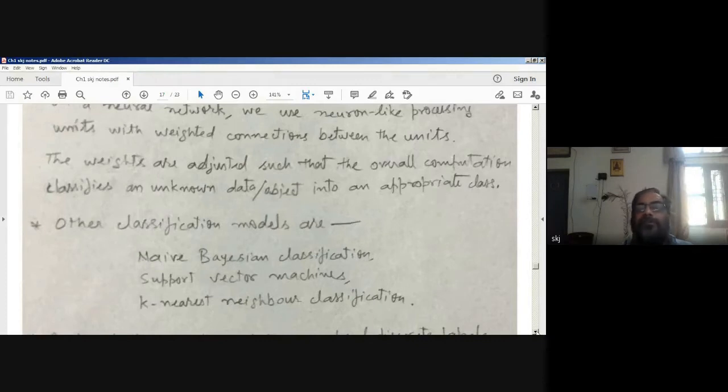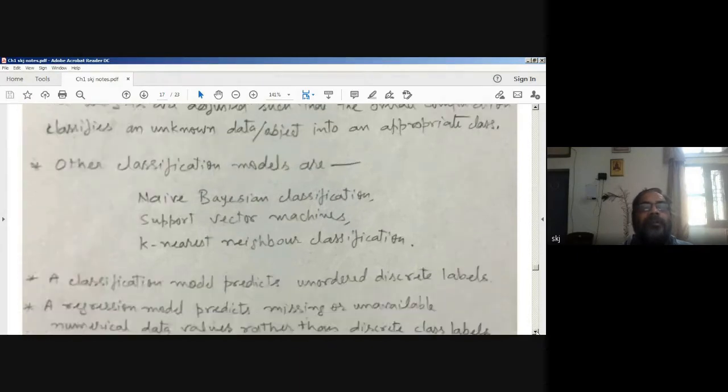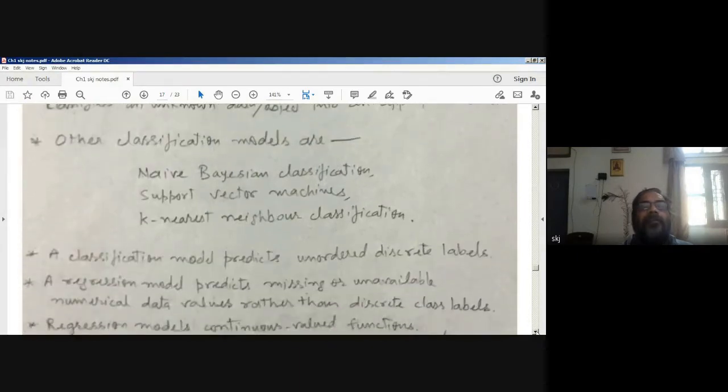So this was one classification model. Other classification models we will discuss later in the classification chapter. Naive Bayesian classification is one model of classification. Support vector machines is another model.